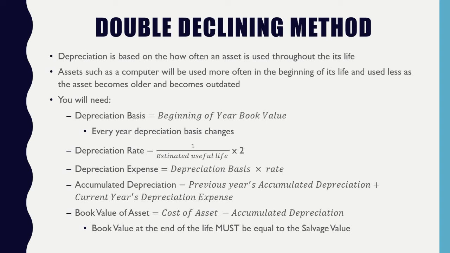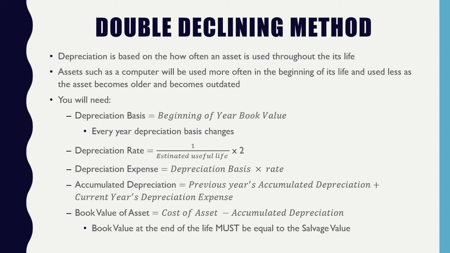So that means every year the depreciation basis changes. Then we have the second equation, which is the depreciation rate, which is going to be the number 1 over the estimated useful life. And we're going to multiply it by 2.